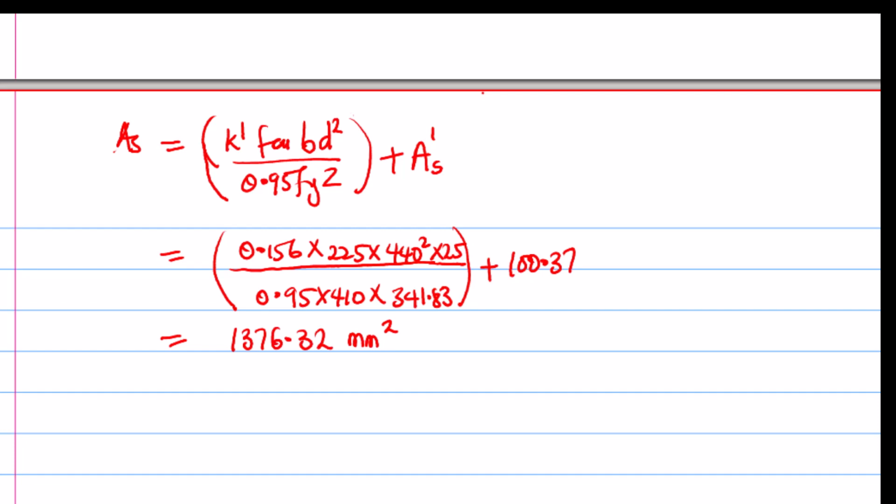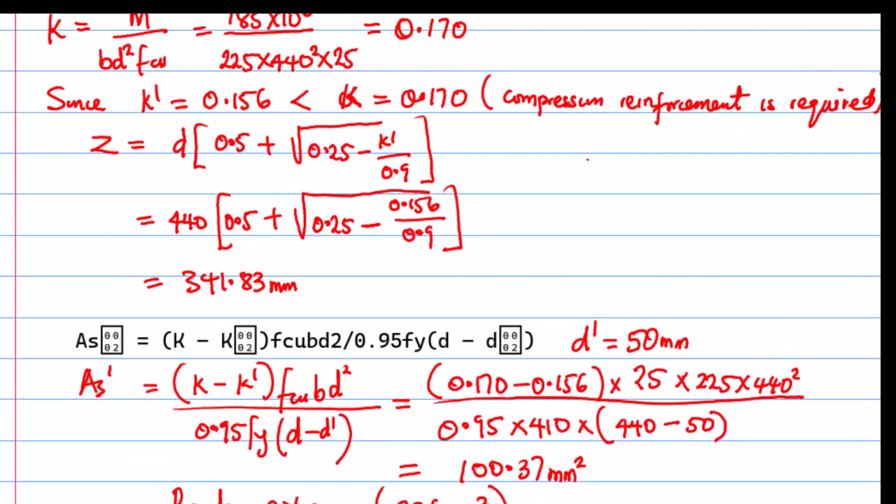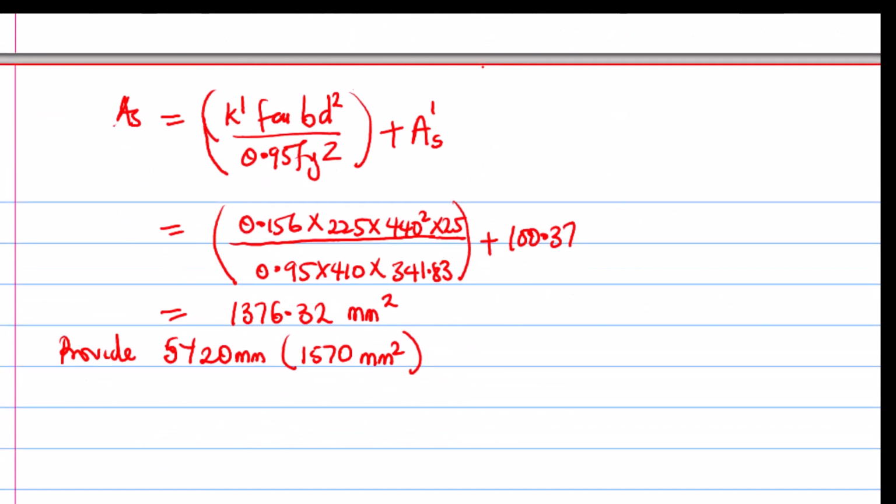So if we take a look at our table again, 5 will give me, so I'm going to say provide 5Y20 mm, and the area there is 1570 mm squared. Another person can decide to provide Y25 depending on what you really want. So that is the end of problem number 1.